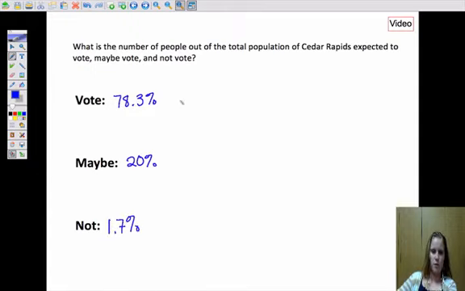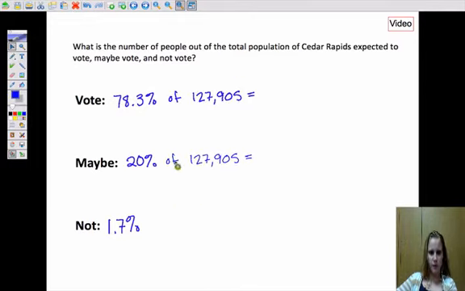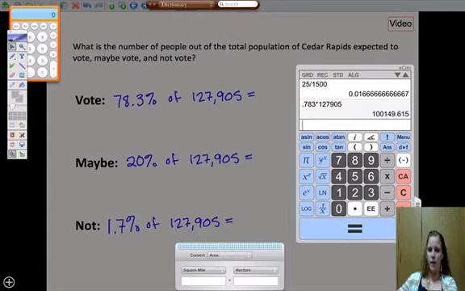So we're going to take those percentages of that total population, 127,905. I'm just going to make life easier and not write that every time. So we're just going to take that percentage of the population. That would be 0.783 times 127,905, which is 100,149.61.